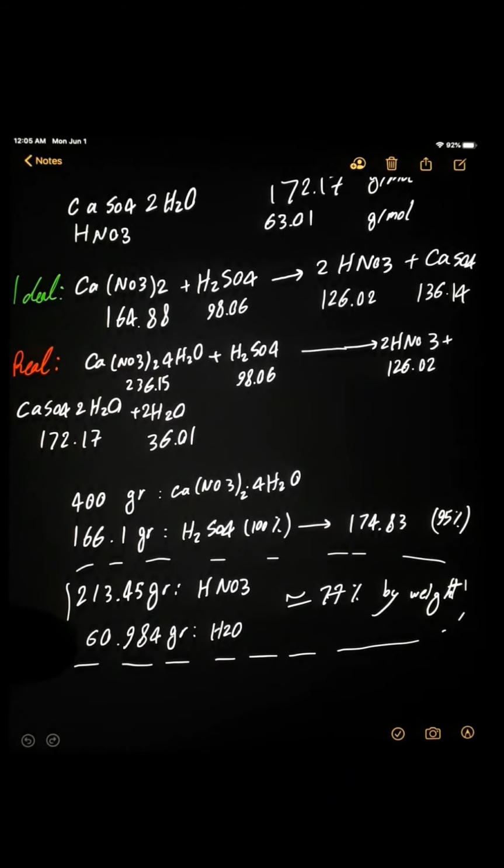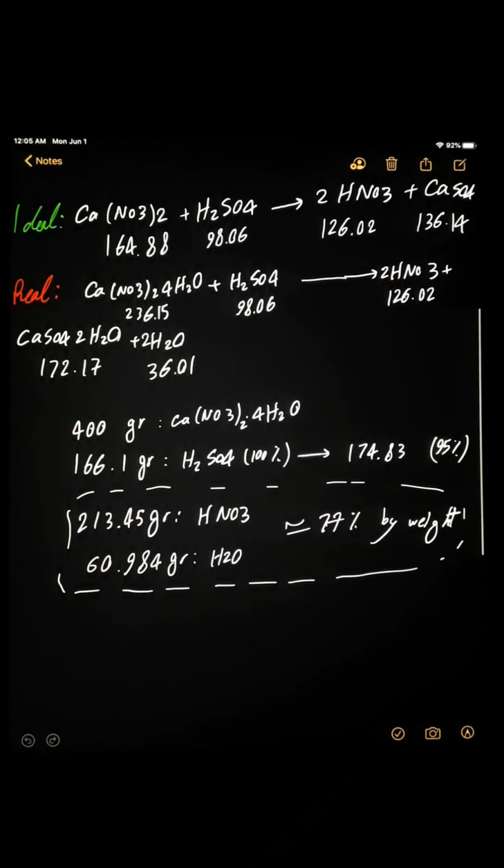So I'm going to need, for 400 grams of hydrated calcium nitrate, about 175 grams of my sulfuric acid, and I'll be getting hopefully around 270 grams of nitric acid at 77% purity, because there's going to be of course a bit of water, and then I can dilute it a little further.